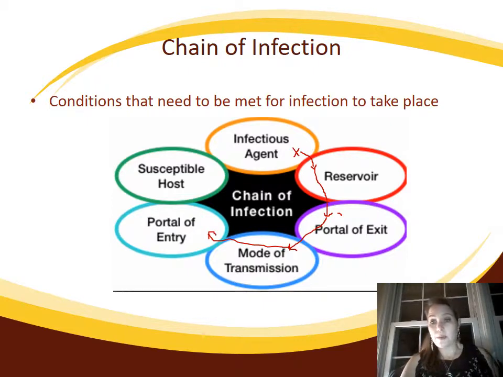So if we're still talking about the same type of scenario, we're looking at someone else's mouth, okay? And then a susceptible host, which is a host that can support that particular microorganism, allow them to grow and be susceptible to that infection. Back to the infectious agent. And it'll continue to go in this cycle, okay?